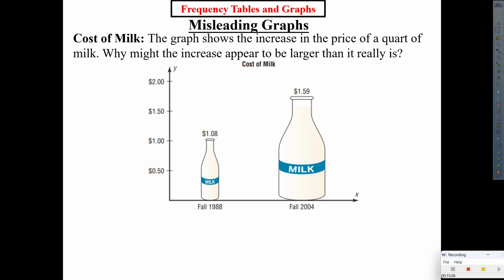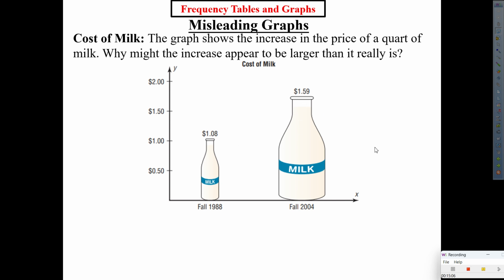All right, looks like Jacob's got this. Jacob, why would it appear that it's more than what it is? By putting a bigger image, it makes it seem like more, but it's not. It's only just a fraction more.